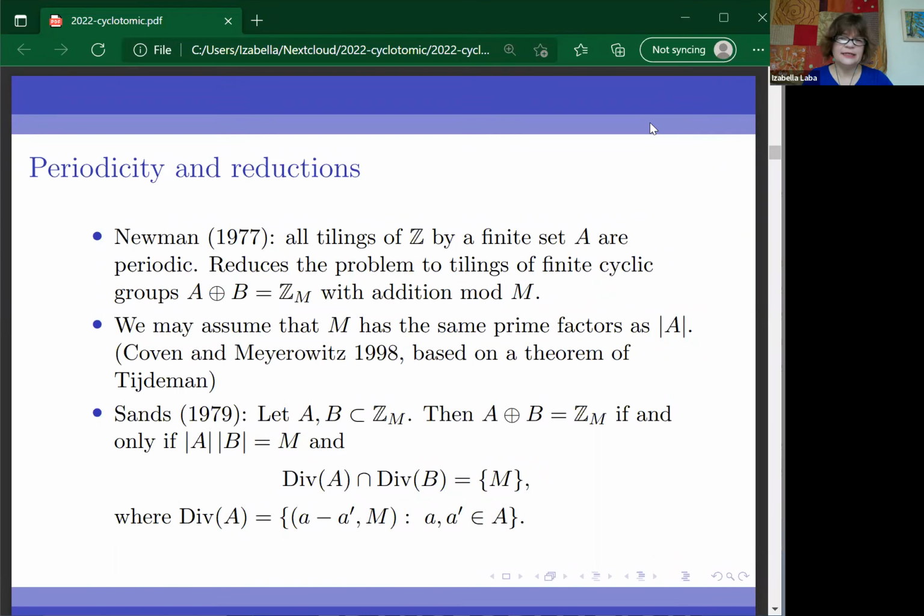And there's also a reduction due to Sands, which says that A plus B is a tiling of Z_M if and only if the product of the cardinalities is M, so that's the correct counting, and also we need the divisor sets of A and B to be disjoint except for M, where the divisor set is the set of all greatest common divisors of a minus a prime with M, a and a prime being elements of A.